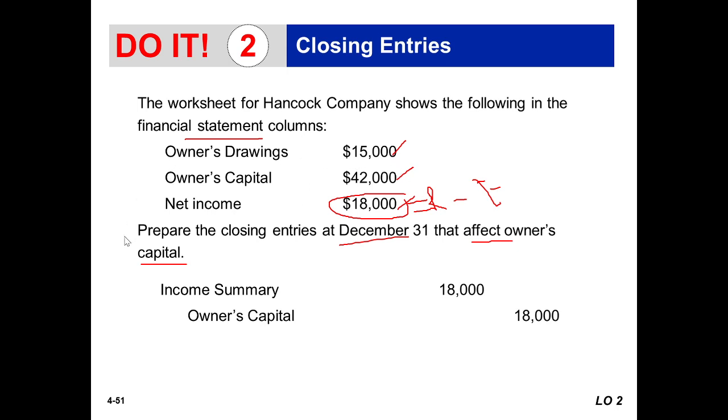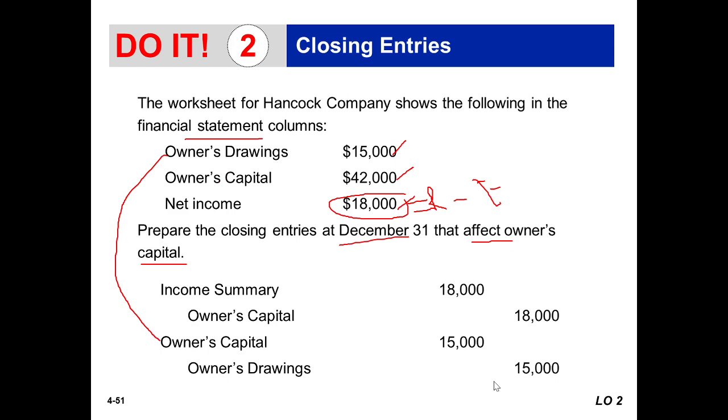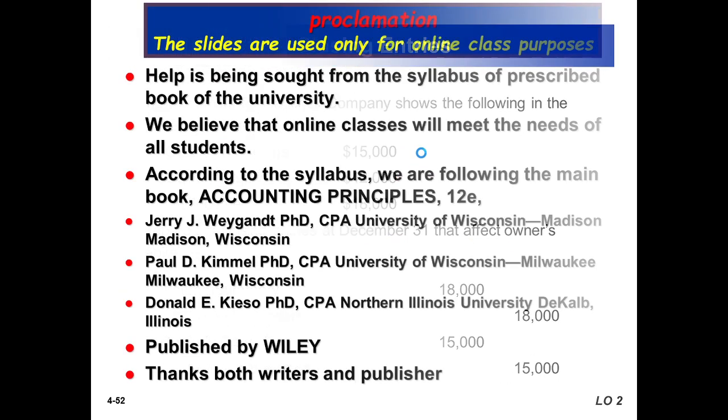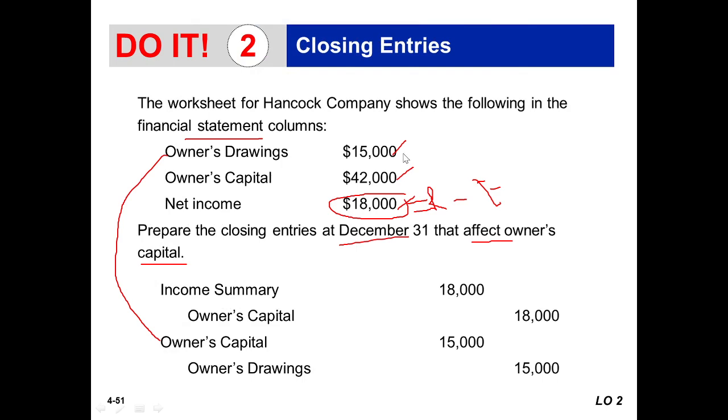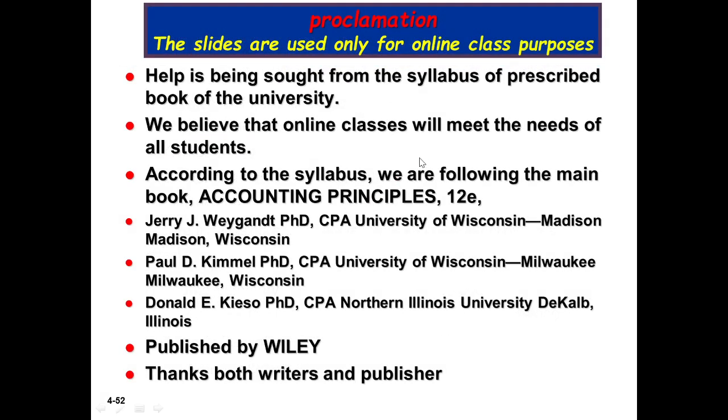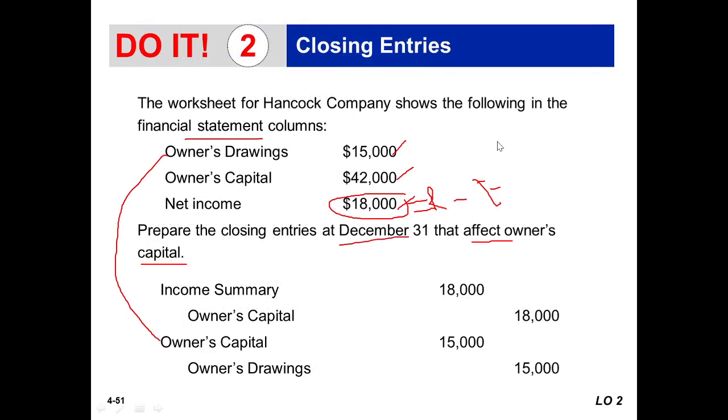Now drawing. Here we will get another journal: owner's drawing, owner's capital. In the normal sense, owner's drawing is a debit item, but here it will be credit.